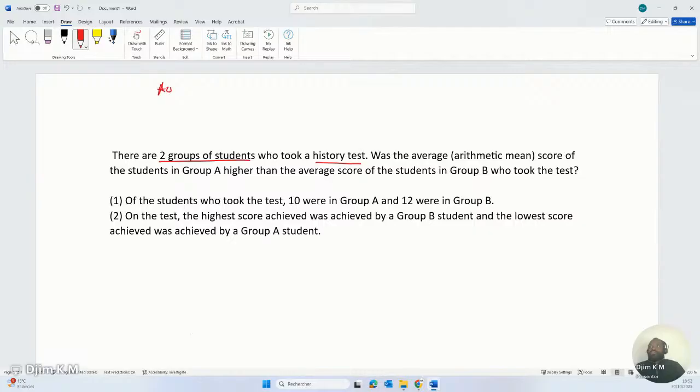So we say average A greater than average B. So that's actually the question. It tells us, of the students who took the test, 10 were in group A and 12 were in group B.